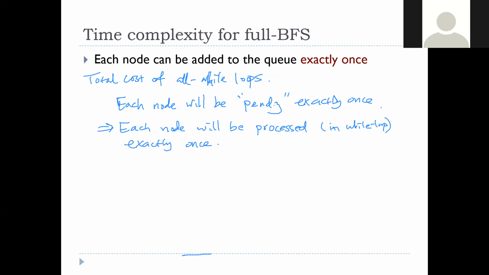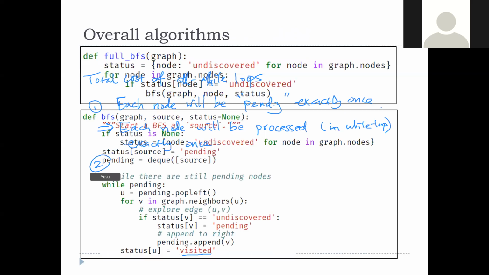The second observation is that when we process a node, we're basically going to execute this part, called star. So we're going to execute this part star for every node exactly once. And when we process this node, how much time do we take? Well, we actually visit all its neighbors.